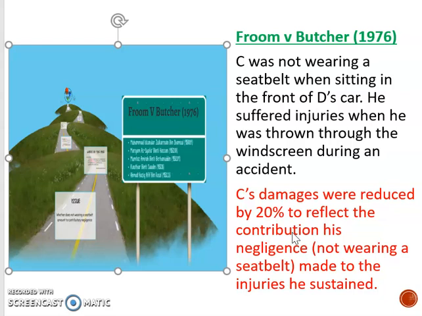But as Denning said, the negligent driver must still bear the greater share of responsibility because he caused the accident. So even though the claimant is at fault for not wearing a seatbelt, we should deduct, according to Denning, no more than 25%, because at the end of the day, the accident itself was caused by the defendant.